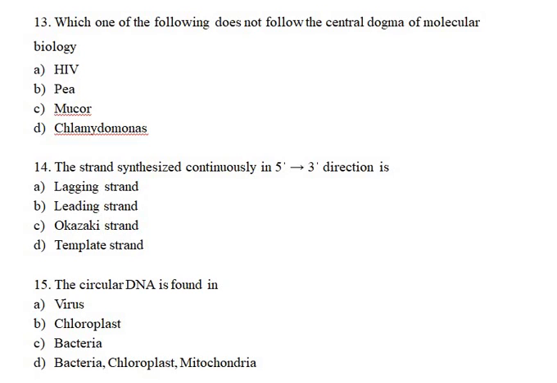The DNA present in these organelles is circular. Chloroplast and mitochondria are found in eukaryotes. Bacteria also contain circular DNA. So circular DNA is found in bacteria, chloroplast and mitochondria. So option D is the right answer.